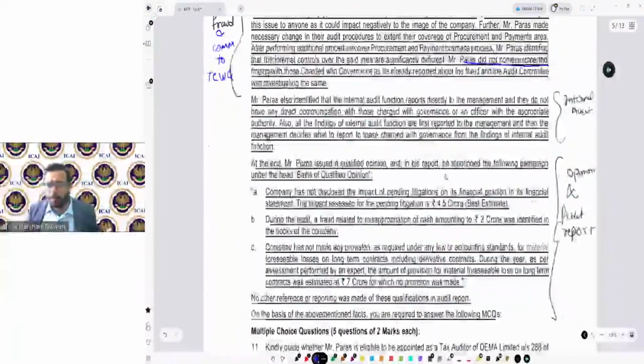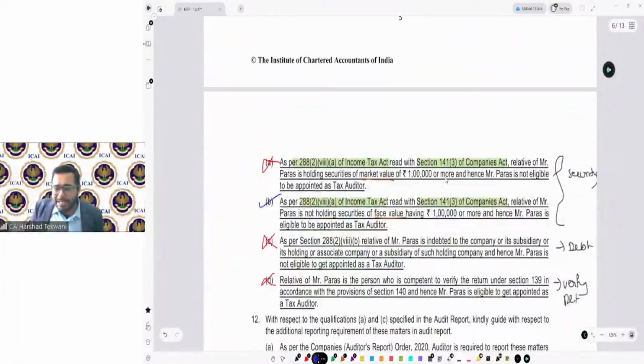So there is no disqualification. Mr. Paras is eligible as a tax auditor because the face value of the shares does not exceed 1 lakh rupees, so he is eligible to be appointed.